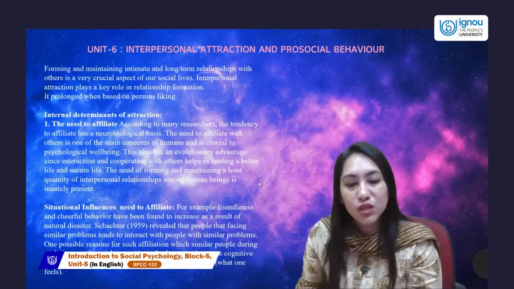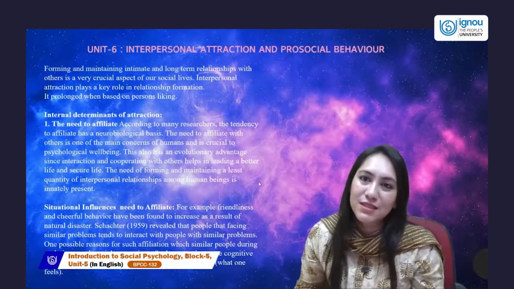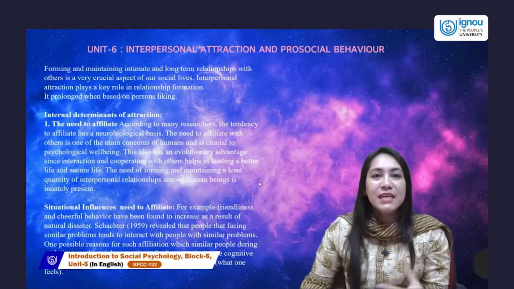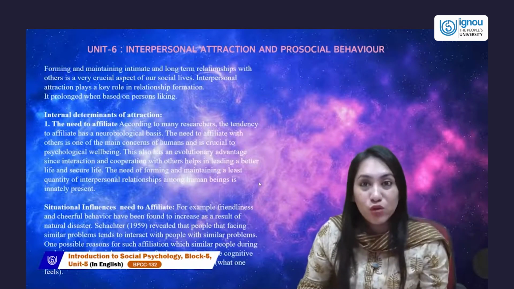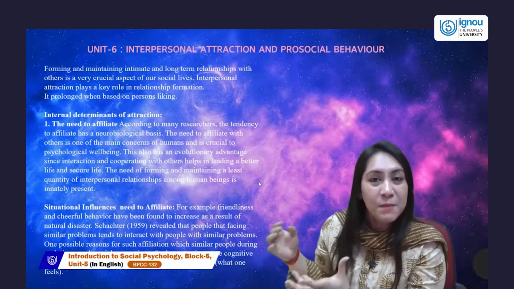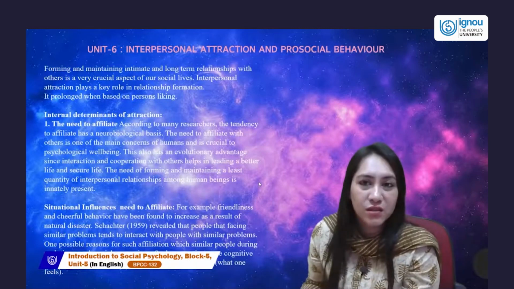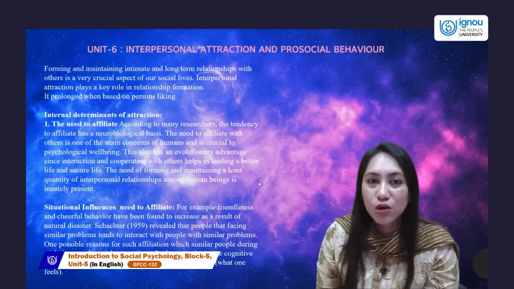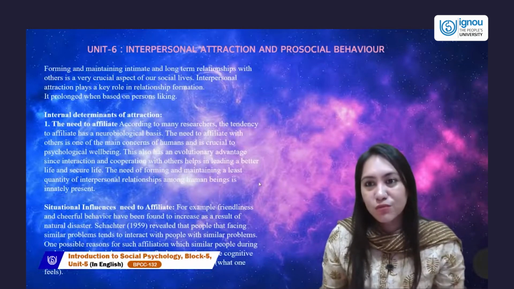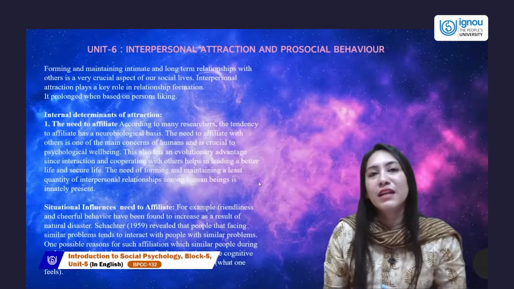And also an emotional clarity. What one feels. What do I really want to feel like? Do I want to be a part of this cheerful, nice, interactive, helpful group? Or someone who is very centered towards their knowledge, brags about their knowledge, and does not share it with others? So social comparison not only gives us an affiliation because of situation, but also cognitive clarity and emotional clarity for us.